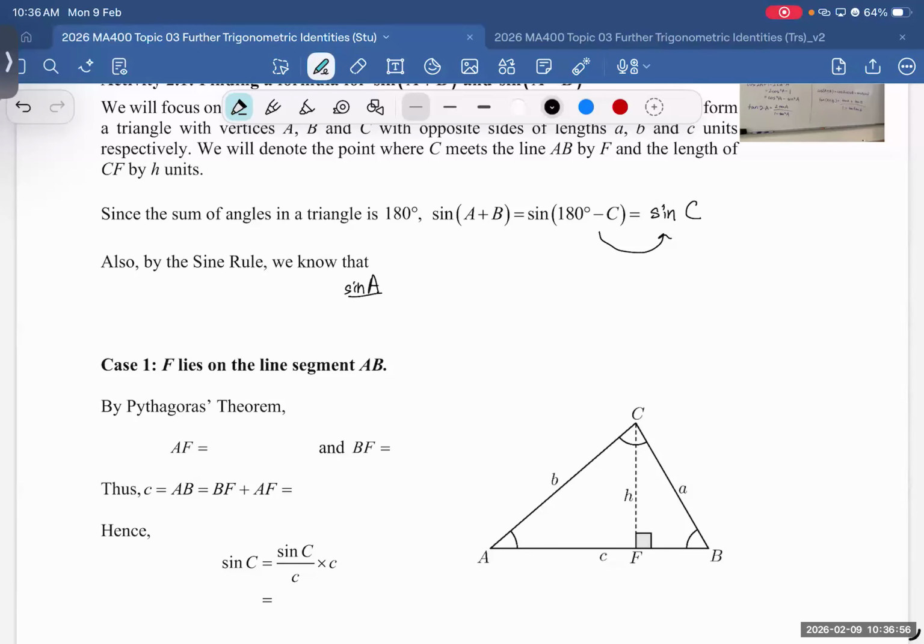Sine capital A over A is the same as sine capital B over B. It's the same as sine capital C over C. Is that okay? This is the supplementary angle formula, which we saw on page 1. If I lost you anywhere, just raise your hand and say, Mr. Tan, can you revisit this formula?